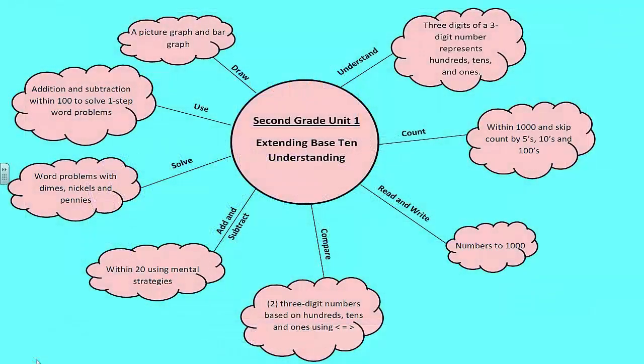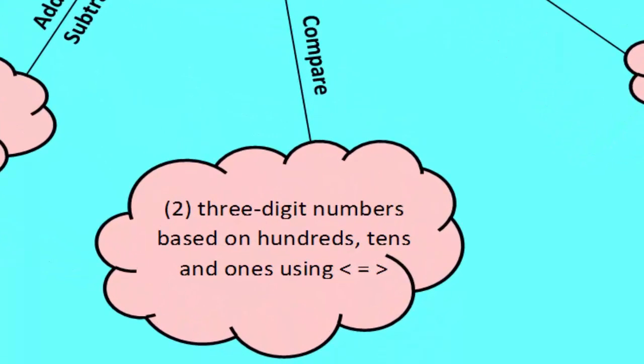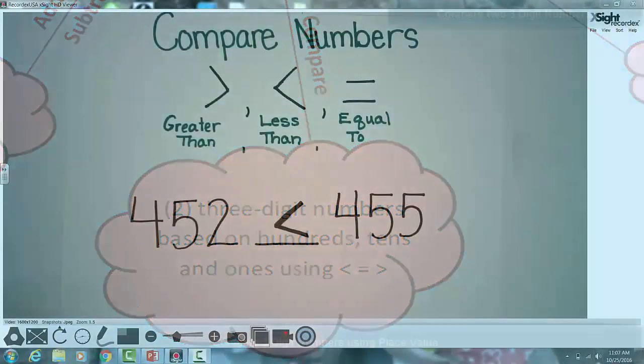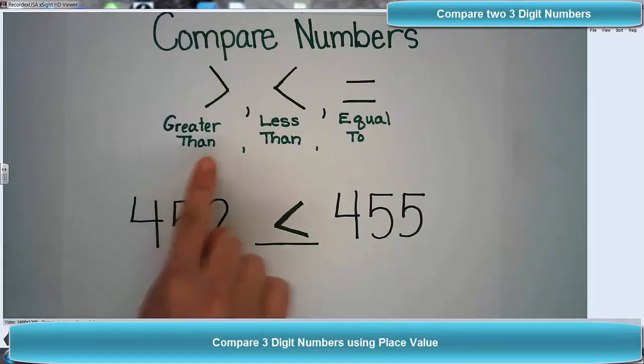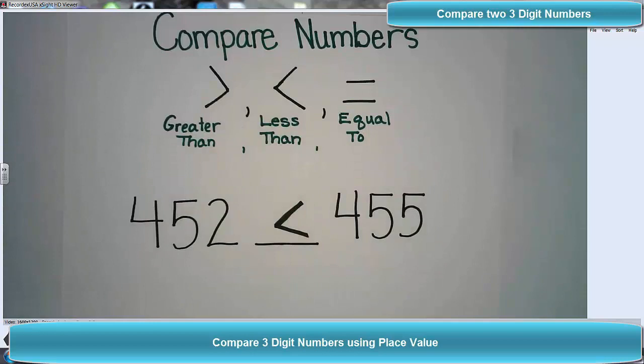The next area on the concept map we're going to talk about is the compare area. For this standard, students need to compare two 3-digit numbers based on the hundreds, tens, and ones place using symbols. When students compare numbers in second grade, they use the symbols greater than, less than, and equal to. Here we have two numbers, 452 and 455, that we need to compare.